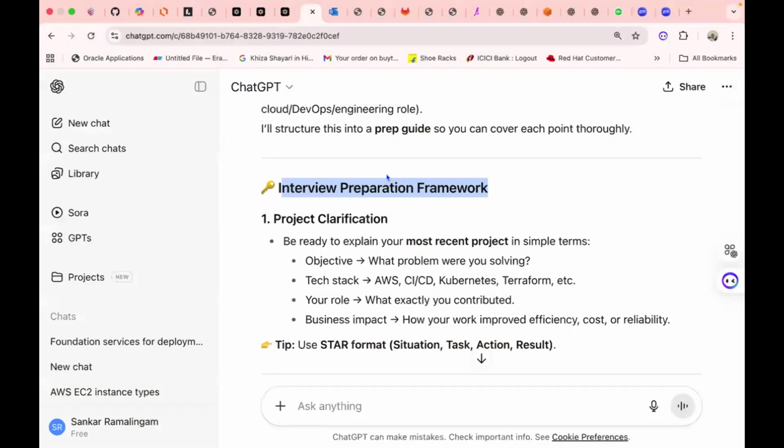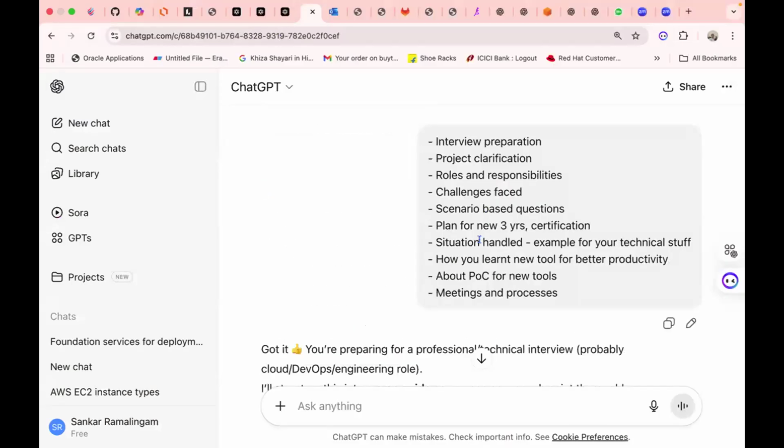And also you should talk about what are the POCs you have done.